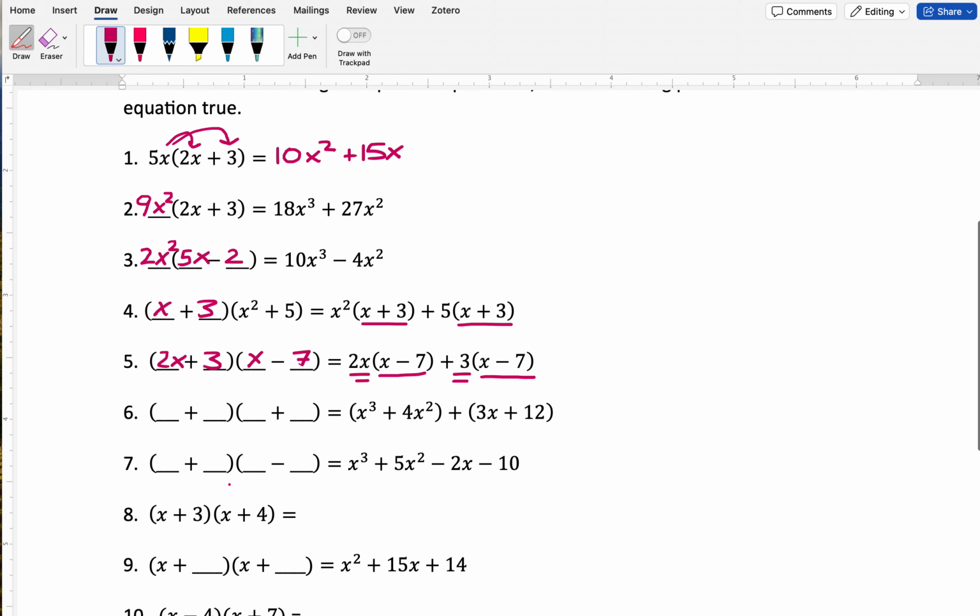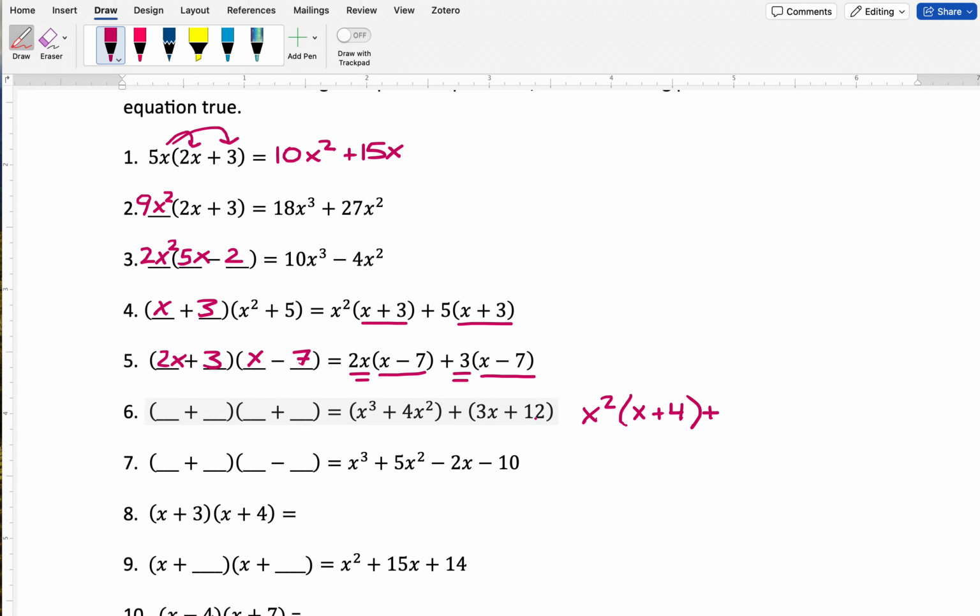For number 6, now we have to do a little bit more work, because we have to get it so that we have these two same sets of parentheses. So looking at these sets of parentheses, they aren't the same, but I can think about what I would put on the outside. So for this first set, we have x to the third plus 4x squared. So I can take an x squared out of that set of parentheses, and that leaves me with x plus 4.